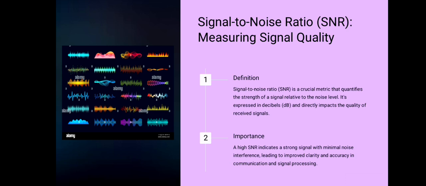We can also use the SNR example in image processing. In photography, a high SNR means less grain or noise in low light images. In summary, improving SNR is essential for high quality communication, and various noise reduction techniques are used to enhance it.